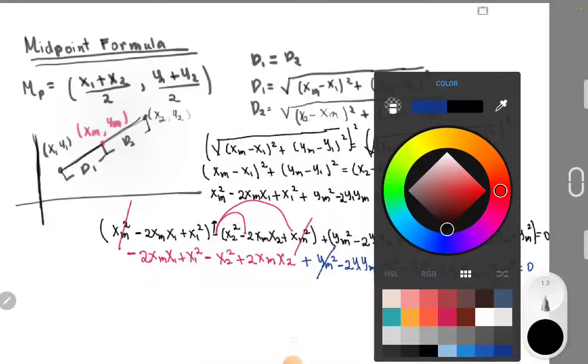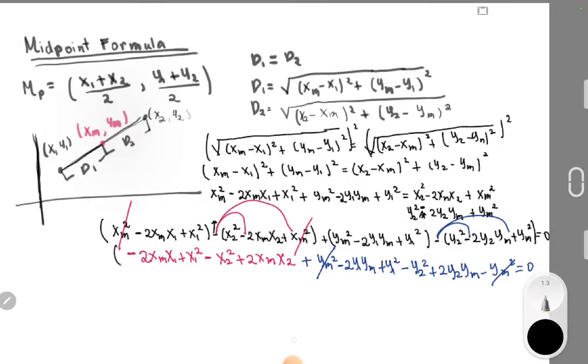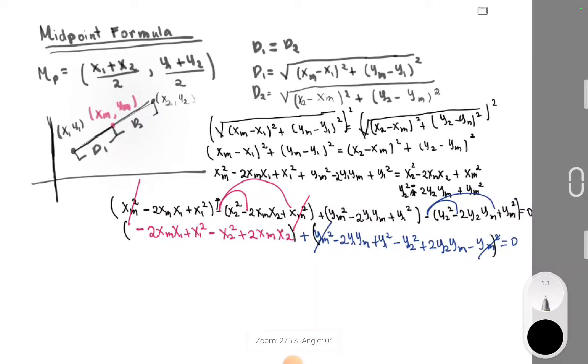The next thing to do is, of course, to group our x's and y's, and after that you would solve for the value of xm. So first, I will be manipulating my x values in order to solve for xm.